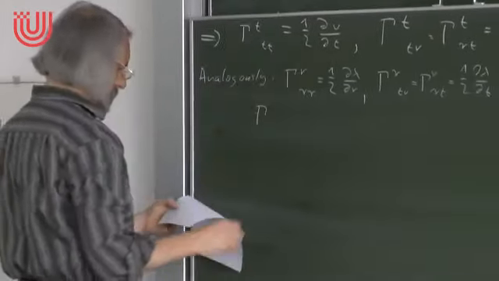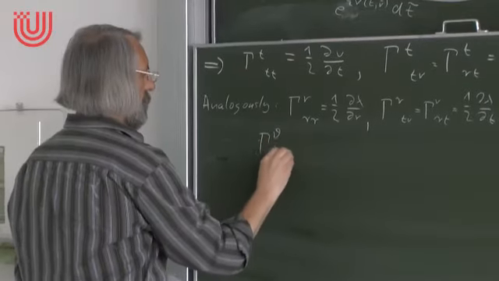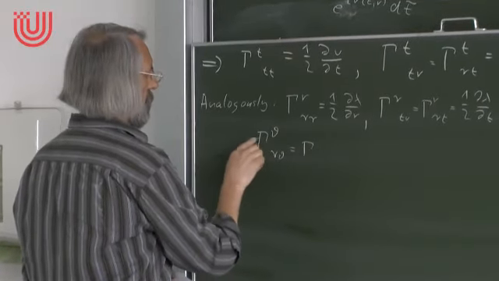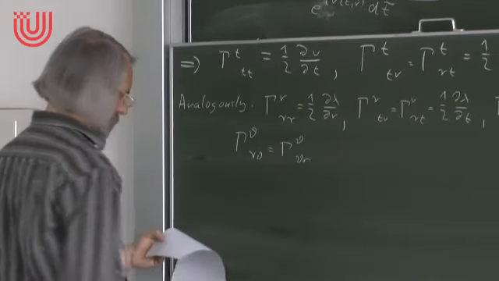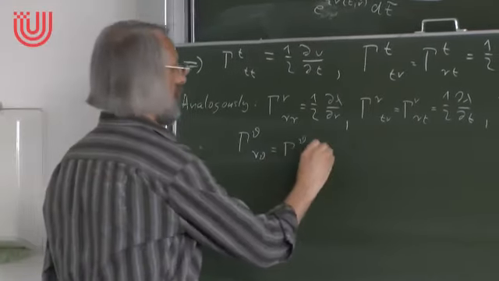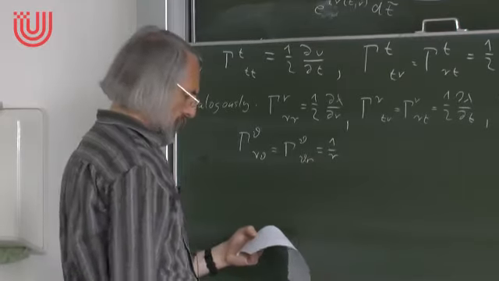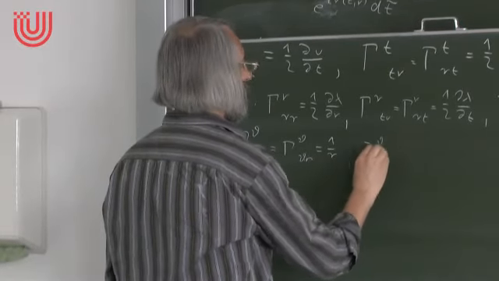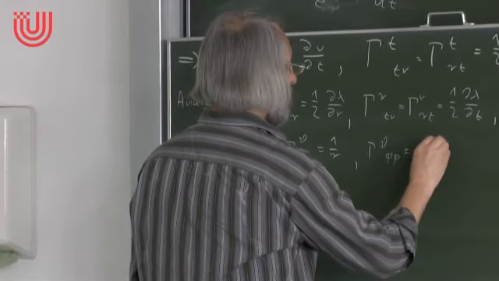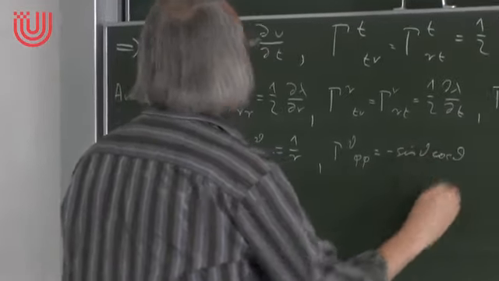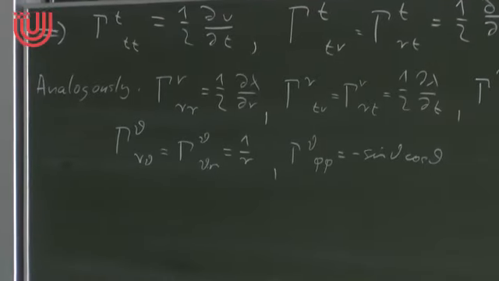And the other ones are simpler. So the ones with an upper index θ are this here, Γ^θ_{rθ}, which is the same as Γ^θ_{θr}. It's just 1 over r. Γ^θ_{φφ} is minus sine θ cosine θ.